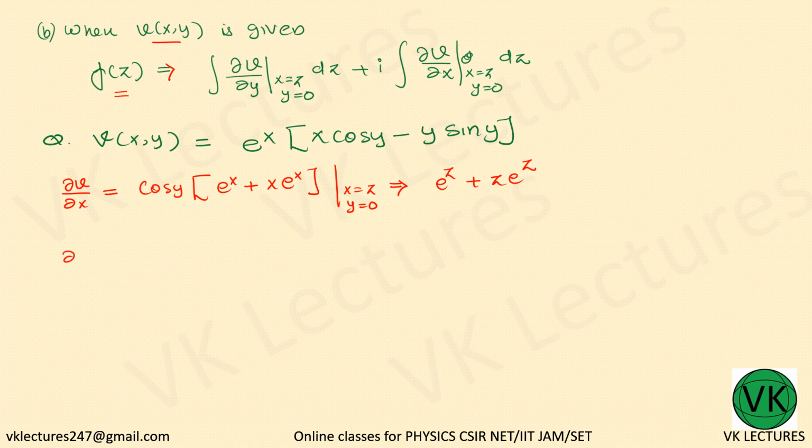Now ∂v/∂y equals, again we have e^x into x cos y, whose differentiation is sin y with a minus sign, minus sin y.